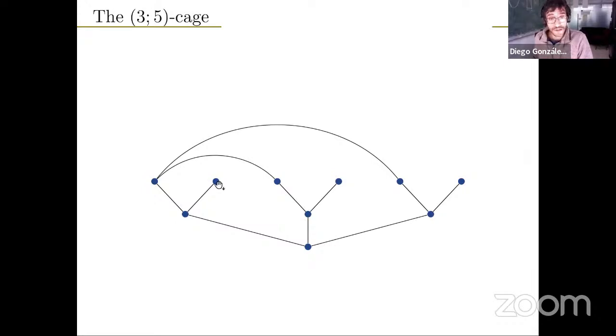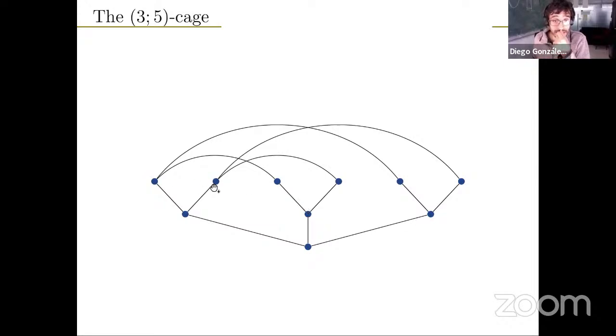Now, for the next vertex, we have just forbidden vertices. For example, this vertex cannot be adjacent to this vertex because a cycle of length 4 is formed. And for the same reason, this vertex cannot be adjacent to this one, but this vertex can be adjacent to these two vertices. And again, it's fine because we have not made a cycle of length 4, nor a cycle of length 3.